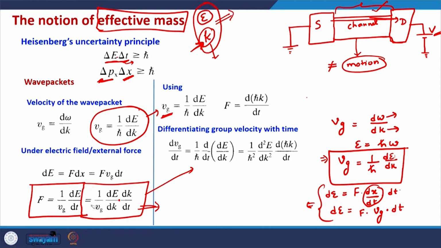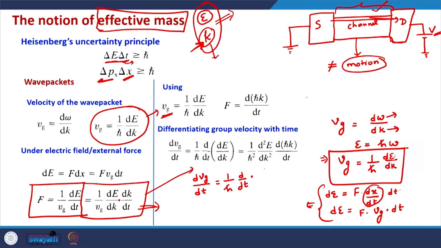That will give us dVg by dt equals 1 by h bar d by dt.